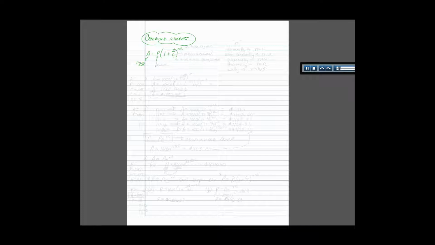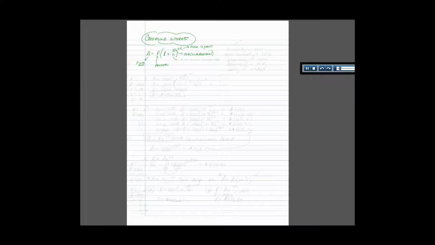The P stands for principal, which is how much you invest or how much you borrow if it's a mortgage, because it can work both ways. The 1 is always a 1. The R is the interest rate, but it has to be as a decimal. So you have to change it from a percent to a decimal. T is time in years.